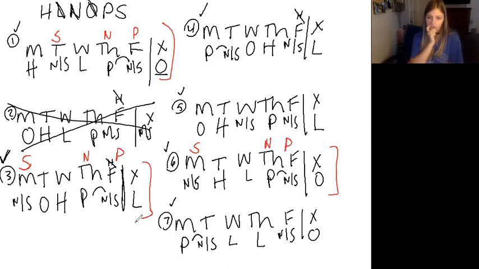Automatically just kind of looking at my diagrams, I'm noticing that it has to be true in all of my worlds where P is actually on Friday. Nothing else is really standing out to me that's consistent in all 3 of my worlds. So I'm going in predicting that P has to be on Friday.